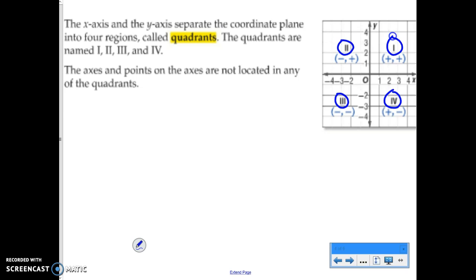In quadrant 1, the x-coordinate is going to be a positive number, and the y-coordinate is going to be a positive number as well. Over in quadrant 2, the x-coordinate is going to be negative, and the y-coordinate is going to be positive. Down here in quadrant 3, the x-coordinate is going to be negative and the y-coordinate is going to be negative. And in quadrant 4, the x-coordinate is positive and the y-coordinate is negative.